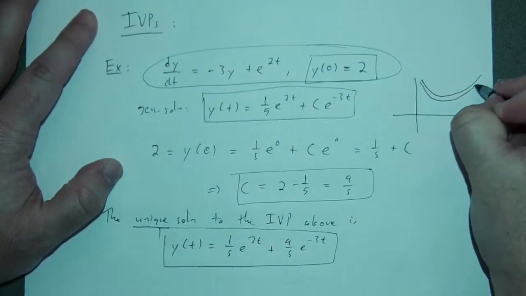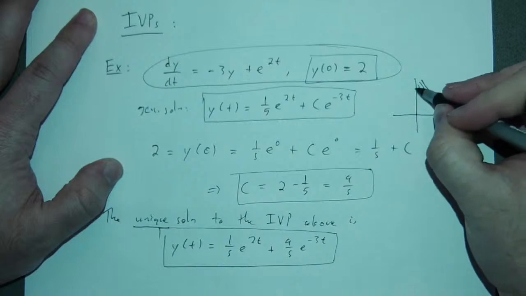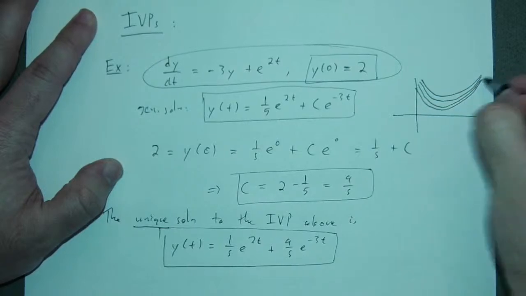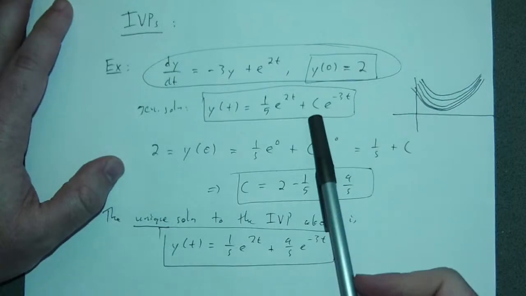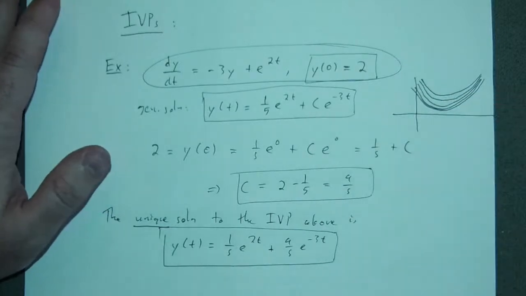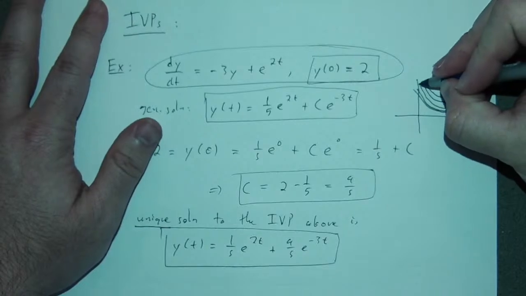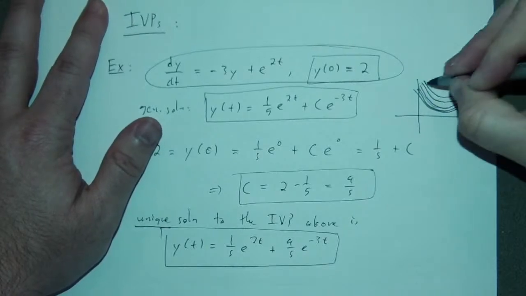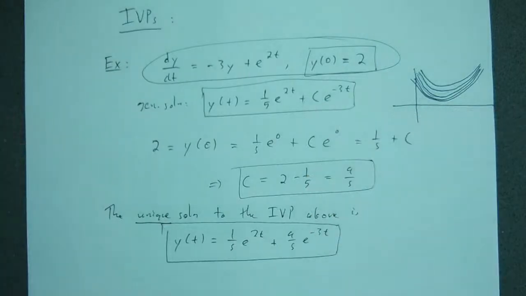Here's another. Here's another. And here's one more. And this particular value is selected out of those. Maybe it's like this one. Maybe I circle that one. And that's what has been picked out here.